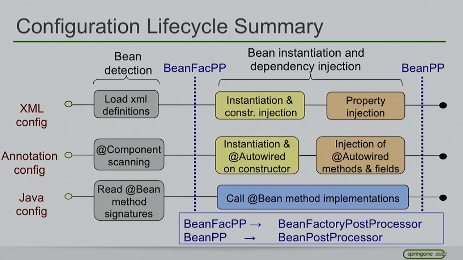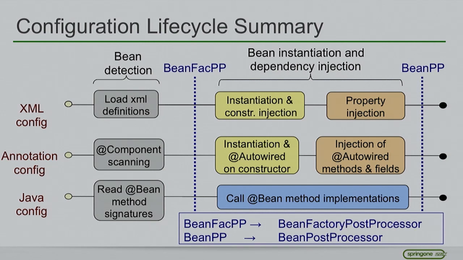All right, so just to summarize the life cycle of what happens, regardless of the configuration approach, we would have a bean detection phase where we would discover the bean definition. We would process that definition through what we call the bean factory post processor phase. Then, depending on the instantiation type and so forth, we would instantiate it and dependency inject it in its appropriate way. And then we would run the bean through a bean post processor.